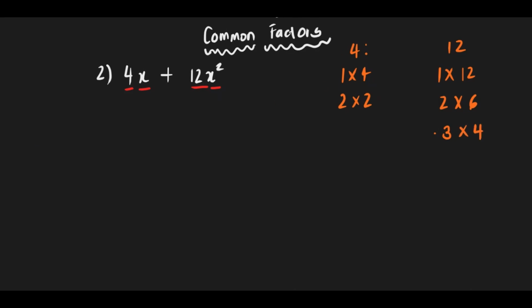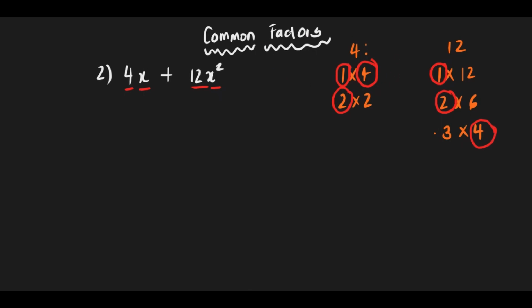Then now we're going to circle the common factors. So the common factors are 1 and 1 here, and the other one is 2 and 2 here, right? And we have 4 and 4 here, right? So we have circled the common factors.